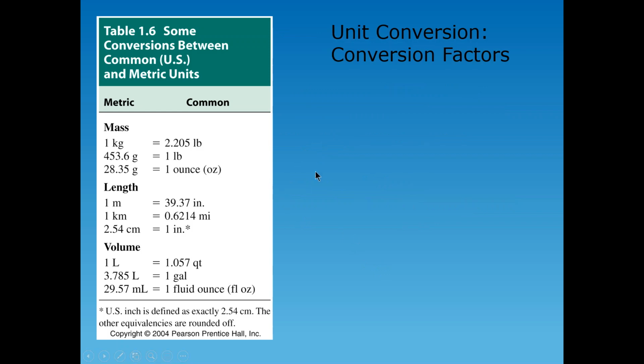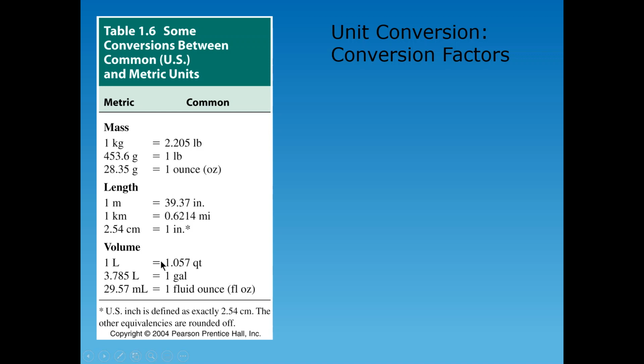Now, before we look at an example of how we do conversion, we have to point our attention to the relationship between different units. As you can see in this table, this is just a small sample of different relationships between different units. So for example, this is the relationship between the kilogram unit and the pound unit, right? 1 kilogram is equal to 2.205 pounds. And here's the relationship between the gram and pound unit. And here we have some other relationships with respect to length. 1 meter is equal to 39.37 inches.